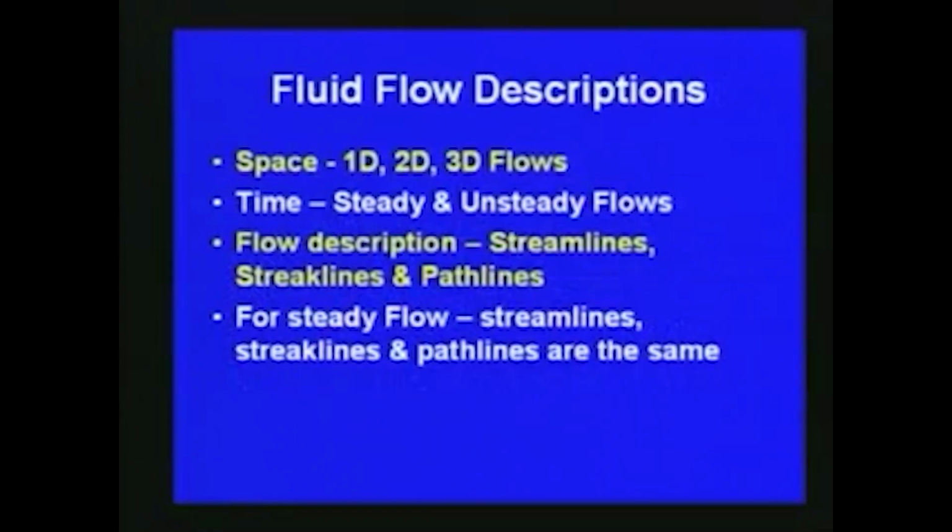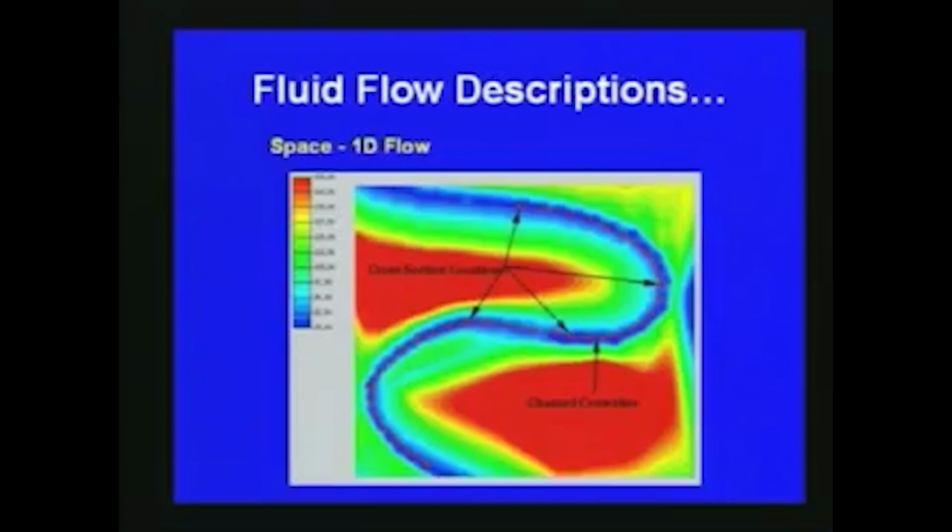So for flow description we can use these various techniques. And in steady state flow, the streamlines, streak lines and path lines are the same. Otherwise, these lines are generally used for unsteady state flow analysis.